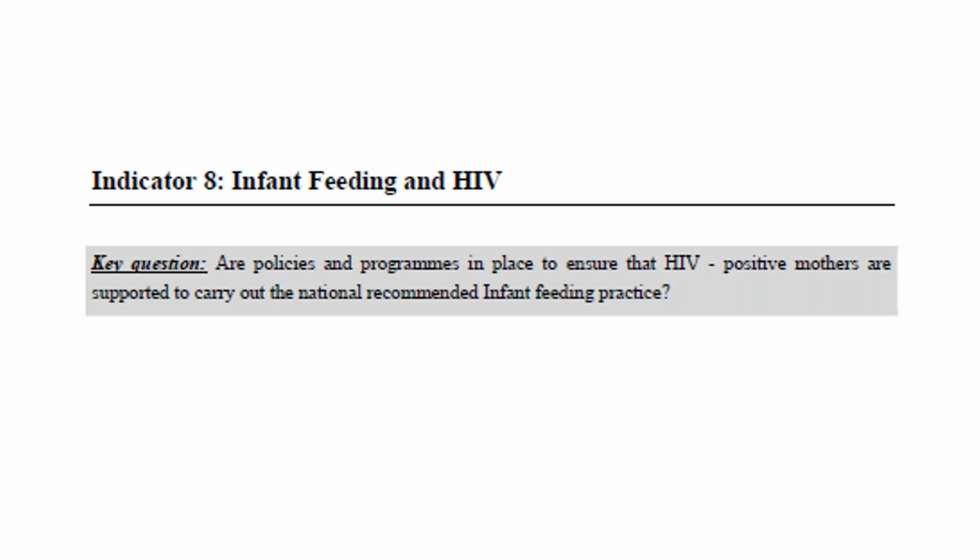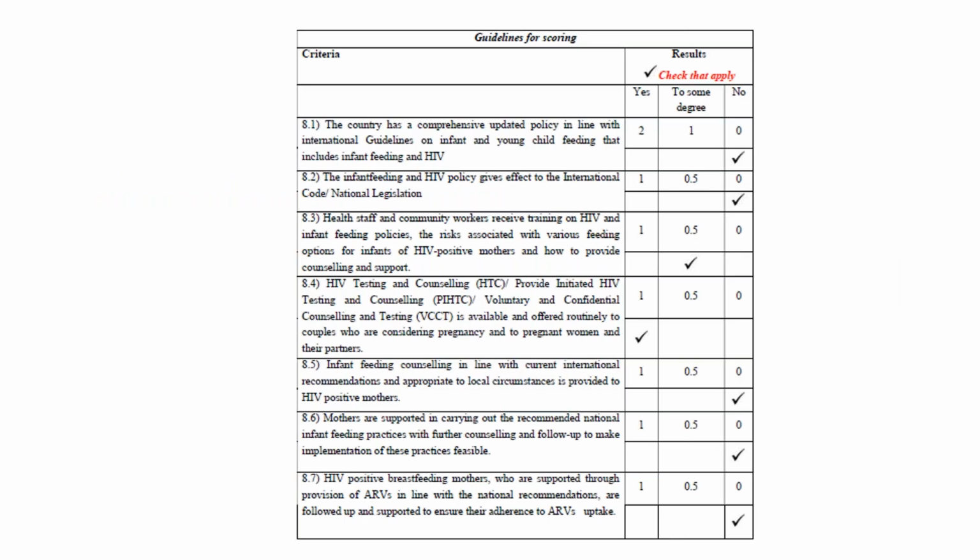Indicator number 8 is the indicator that addresses infant feeding and HIV. And the question is, are there policies and programs in place to ensure that HIV-positive mothers are supported to carry out the national recommended infant feeding practice?